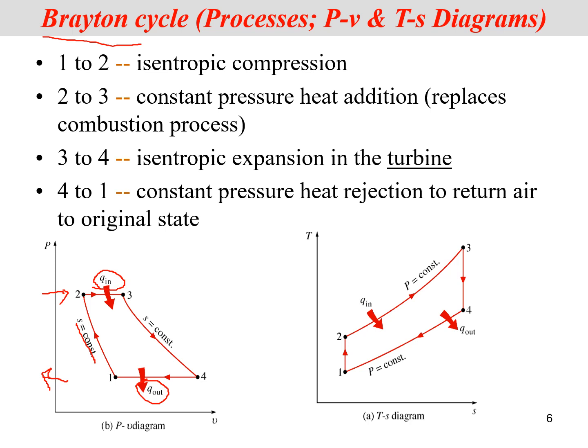The compression process is isentropic, the expansion process is isentropic as well. We don't need to worry about heat loss here and here. And the heat addition and heat removal processes are constant pressure. So this constitutes our Brayton cycle.